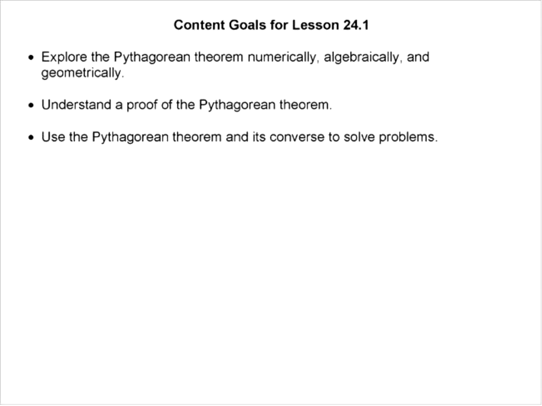So here are the goals for lesson 24.1. This lesson comes near the end of the geometry cluster in the Introduction to Algebra program. In earlier weeks, students have derived formulas for areas of triangles and parallelograms using what's called dissection proofs.